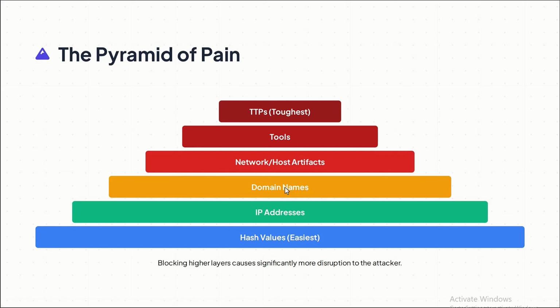Because when you have 100 domains, you may start thinking, okay, which one is the right C2 server? And regarding host artifacts or network artifacts, attackers can simply insert a fake user agent.